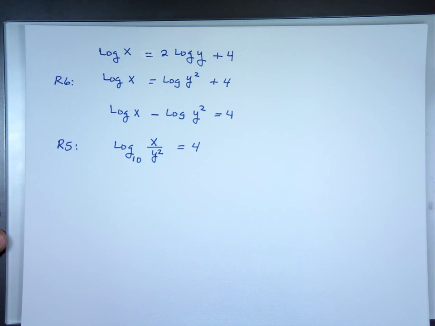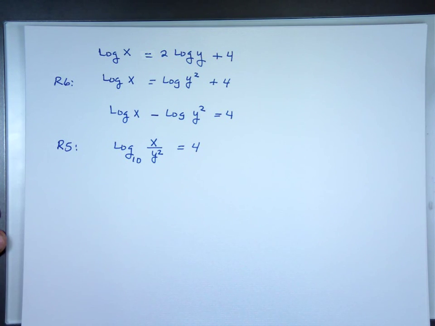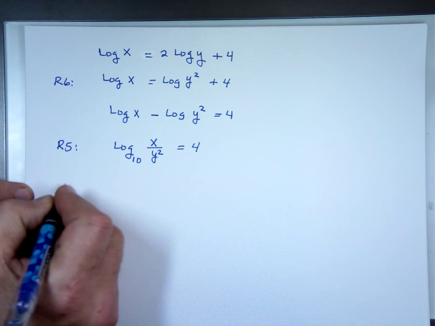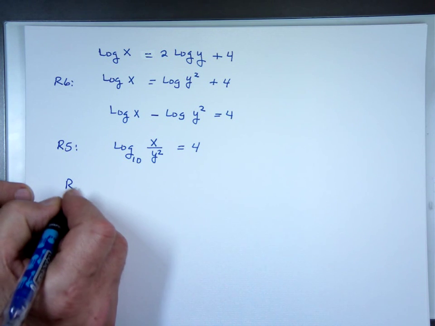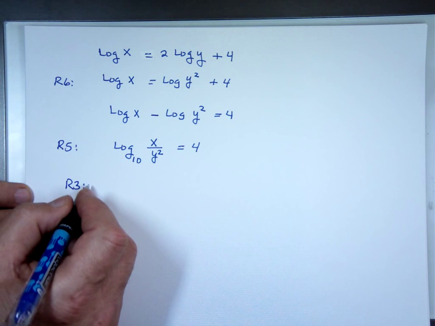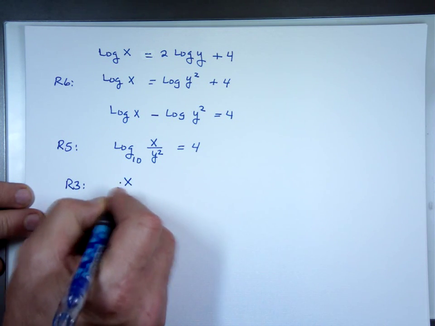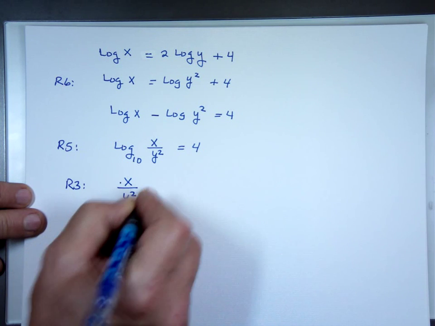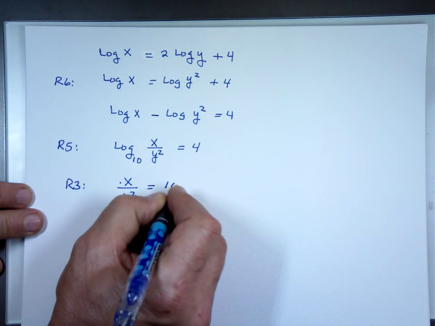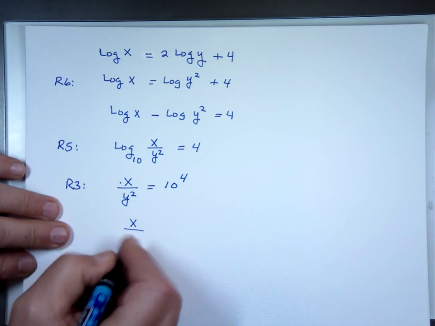Notice the log is only on one side, not on both sides. Rule 1. Not 1. Well, we called it the first time 1, but it became number 3, right? So that becomes x over y squared equals the base, which is 10, to the power of 4. That's 10,000.